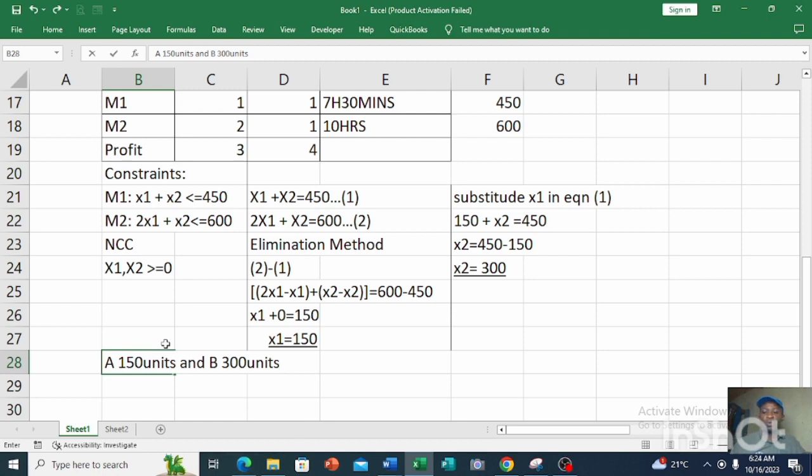So we have to manufacture 150 units of A and 300 units of B in order to maximize profit.